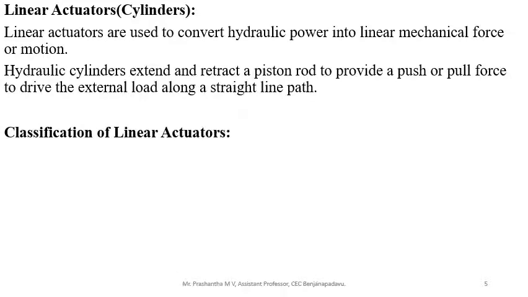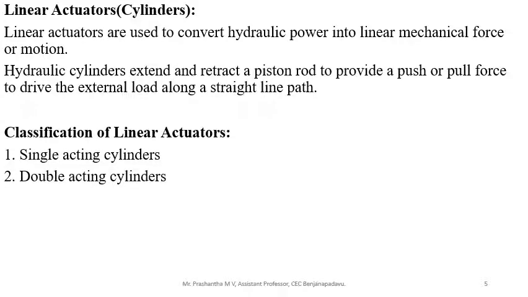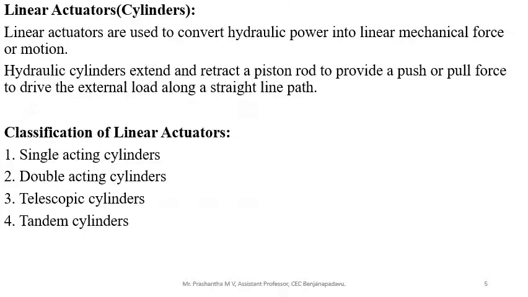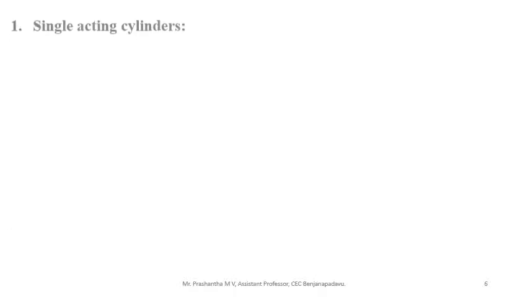Classification of linear actuators. The types are single acting actuators, double acting actuators, telescopic actuators or cylinders, and tandem actuators or tandem cylinders. We will move on to the first one, single acting cylinders.